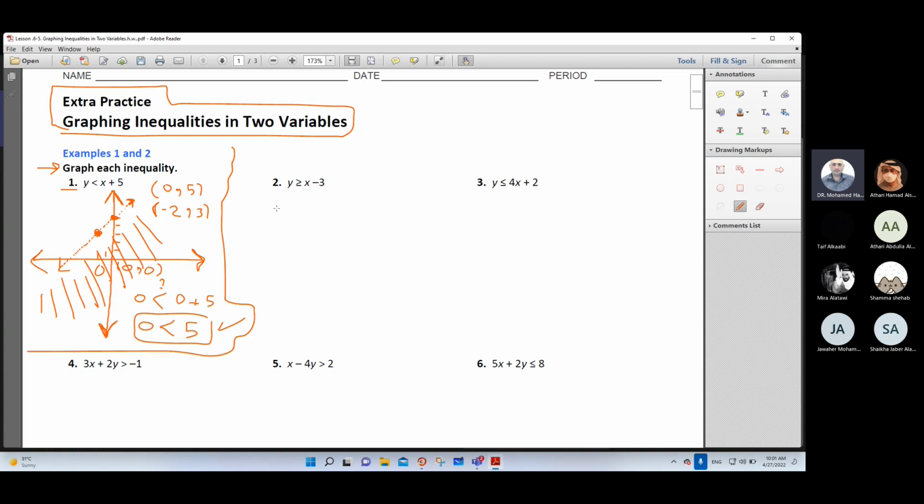Okay, listen to me to solve exercise number 2, please. As you see here, we do the same idea. You can put the value of x as 0 and find the value of y. If x is 0, y will be -3. If x is 1, 1 minus 3 will be -2.